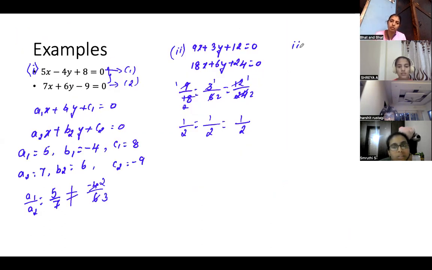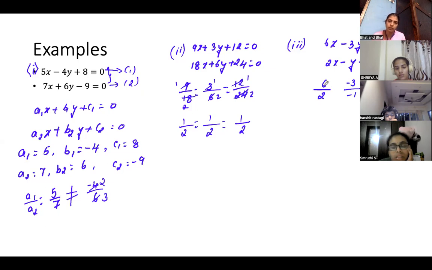Let us take one more example. Let us consider 6x minus 3y plus 10 is equal to 0. This is equation 1, and equation 2 is 2x minus y plus 9 equal to 0. So let us write the ratios. 6 by 2, minus 3 by minus 1, 10 by 9.